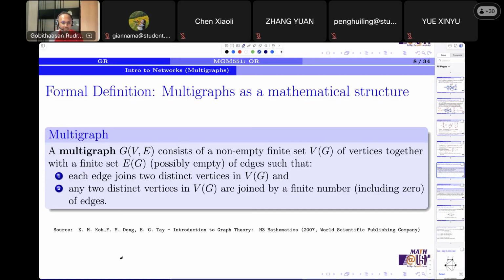And any two distinct vertices in V(G) are joined by a finite number, including zero, of edges. So we can have a network which has no edges. That is what is meant by possibly empty. So this is the formal definition of a multigraph.